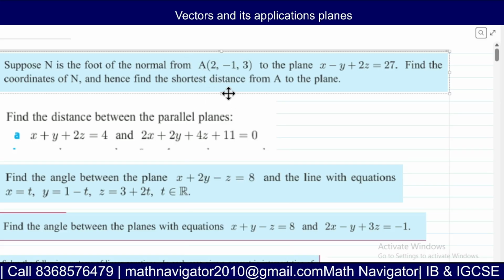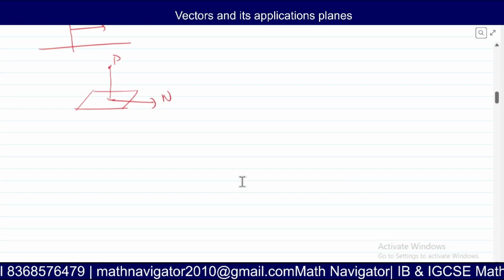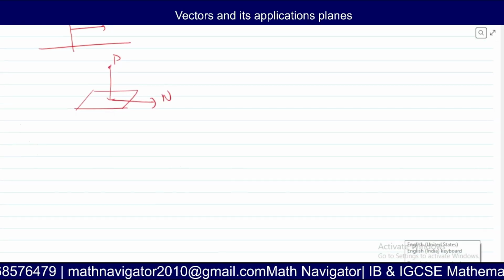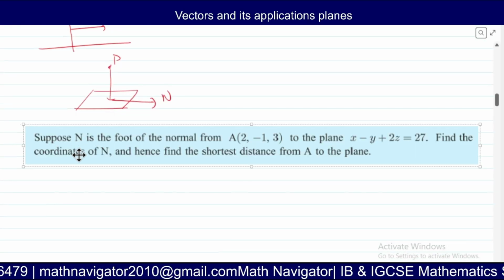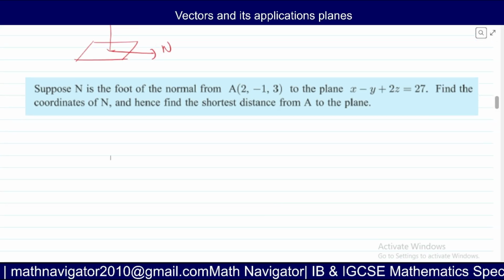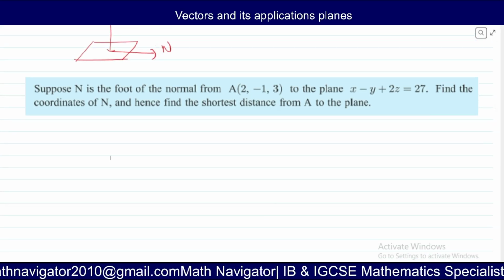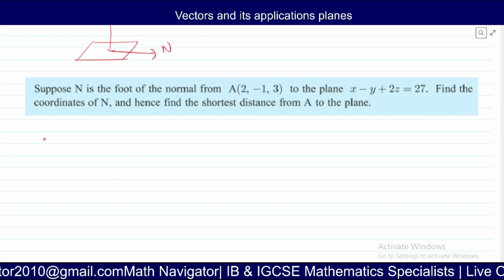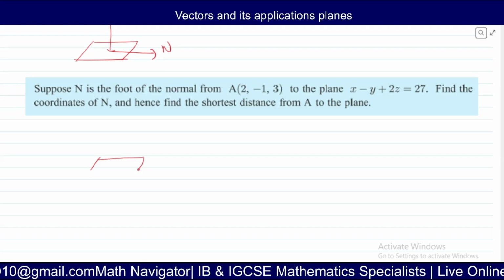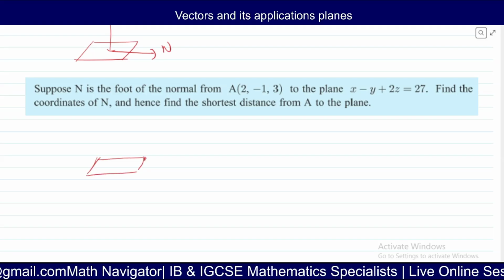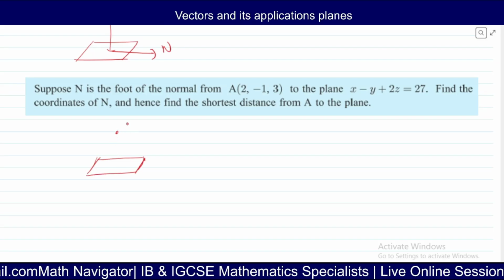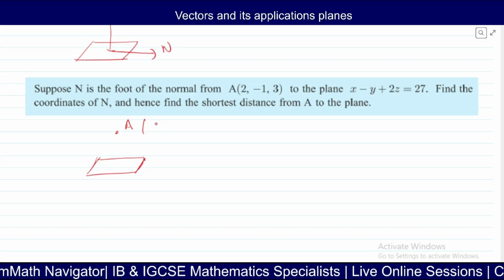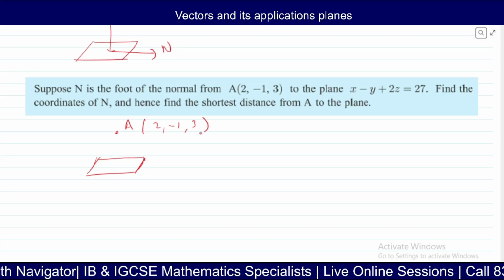So let's take this question from here. What this question is saying, suppose N is the foot of the normal from A to this plane. So I have this plane and this is a point A, which is (2, -1, 3).